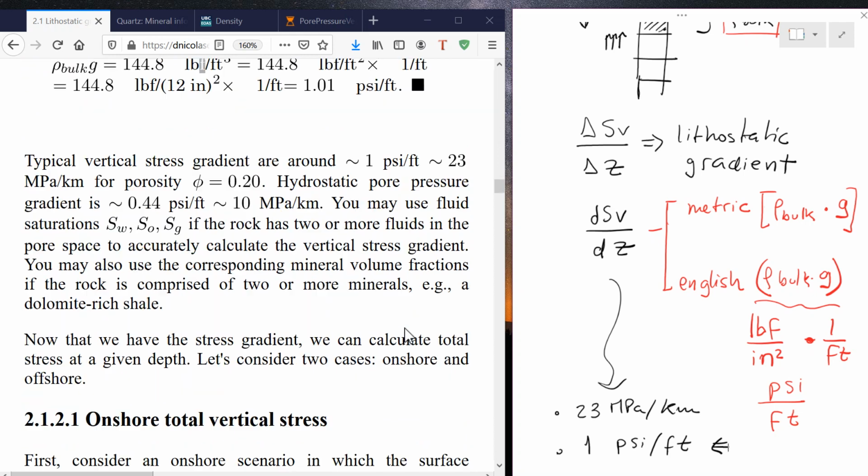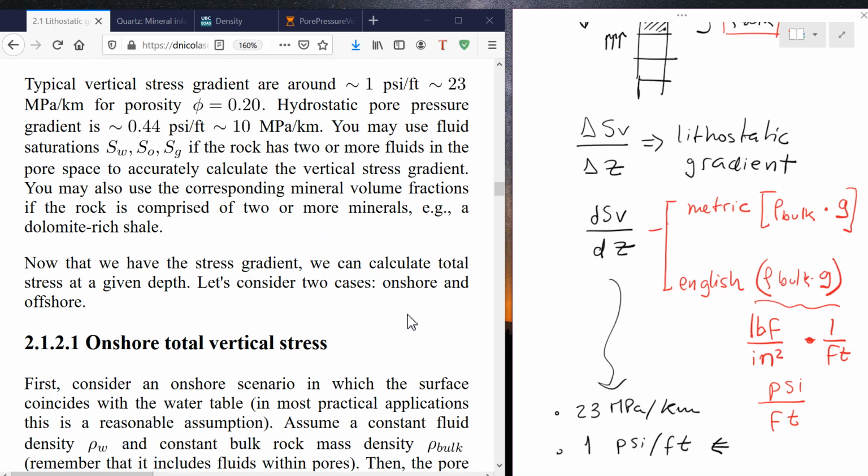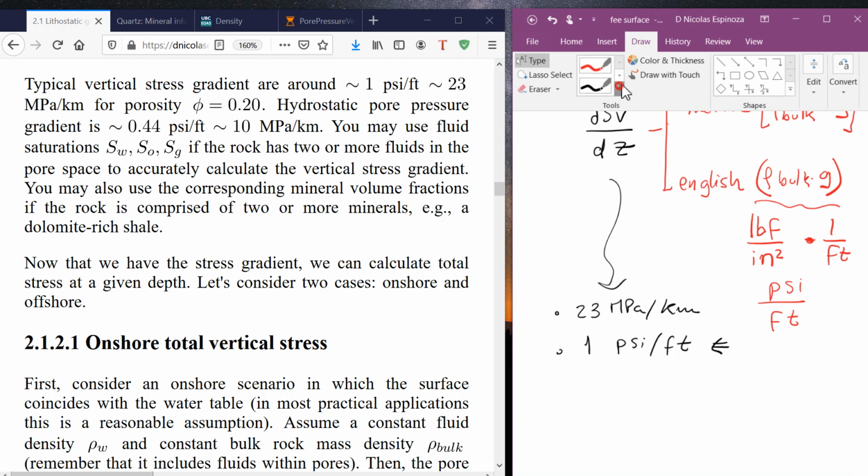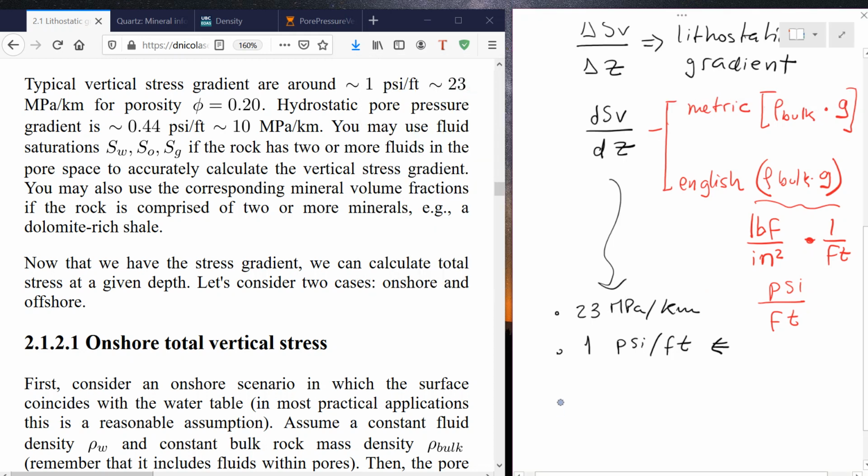And probably you can compare that to values that you already know. Like, for example, what is the gradient for hydrostatic pore pressure? Do you remember that value? Let me write it over here: the variation of pore pressure with depth, or hydrostatic gradient, is, under hydrostatic conditions, 0.44 psi per foot.